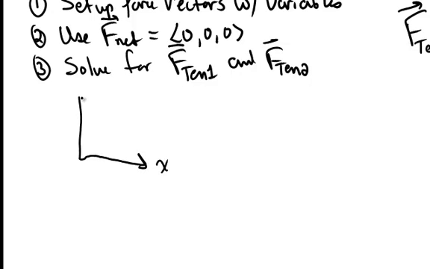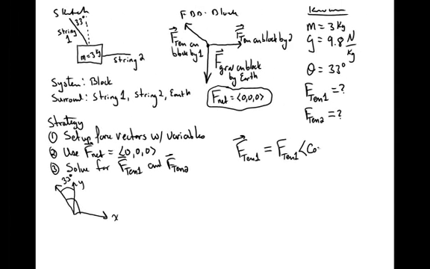Here's my x-axis, here's my y-axis, and then the vector goes off like that. This angle is 33 degrees. Incidentally, it turns out that is also my theta sub y. So theta sub x is this angle right here between the vector and the positive x-axis. So that's 33 plus 90, or 123. So we have the cosine of 123. That gives me the component of my unit vector in the x direction.